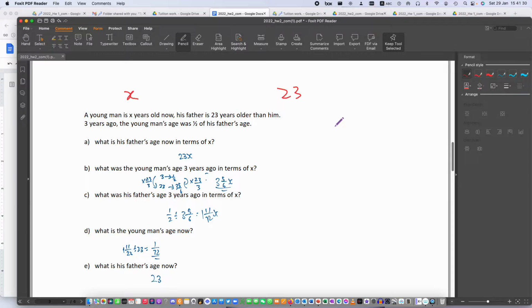How do you understand this question? You understand the question by giving yourself an example. What example do you give yourself? You and your mom. Your mom, how many years older?